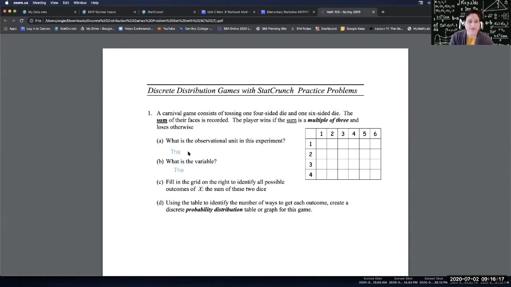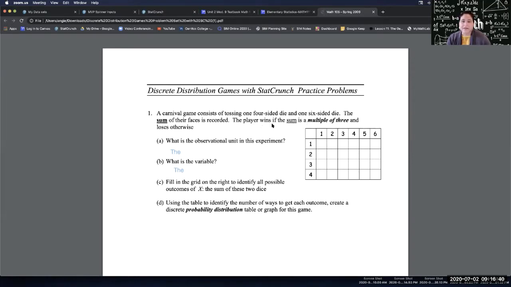Okay, so we're going to be playing a carnival game, and it consists of tossing a 4-sided die and a 6-sided die and adding those together. So if I roll a 2 and a 3, when I add those together, I got a 5, right?